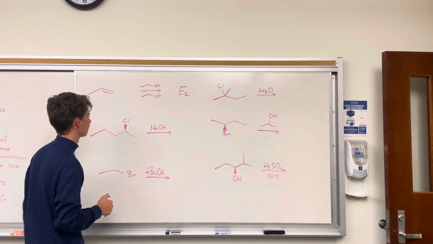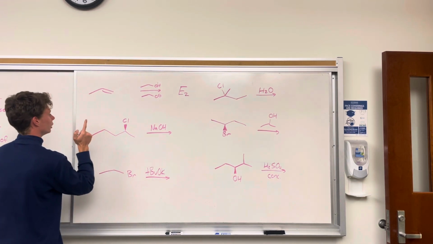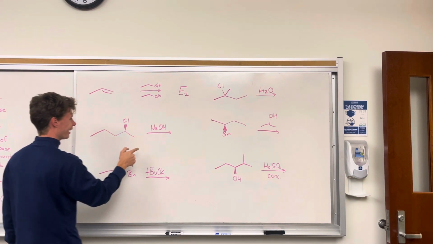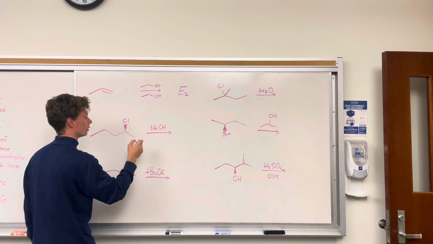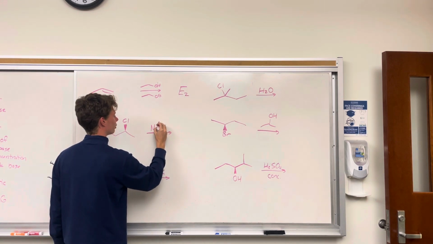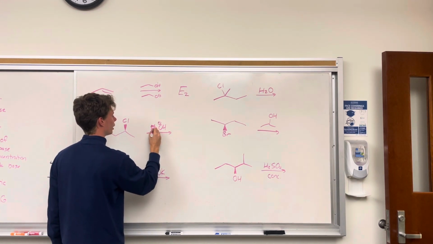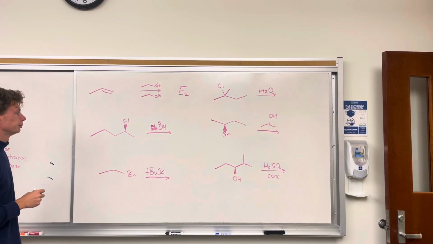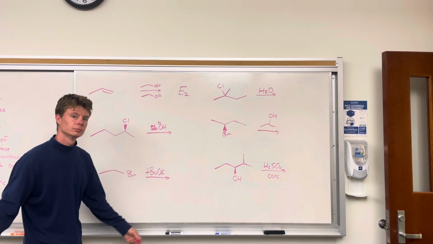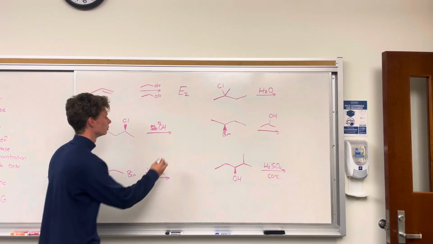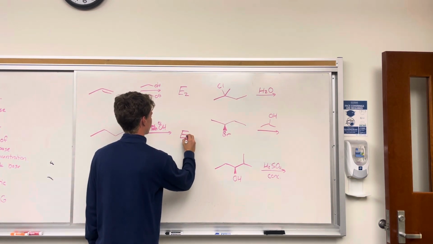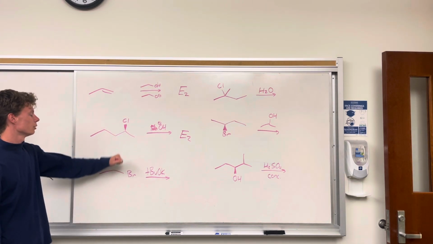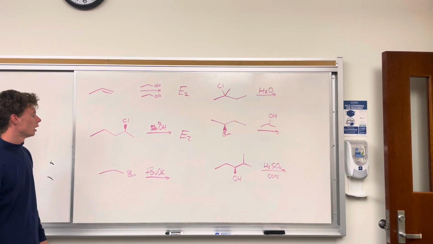Sweet. All right. Next example, I have a good leaving group in a secondary position, and I have a strong base here, OH minus. Okay, we can get rid of that spectator ion. E2. Not given the solvent. I have a strong base. Strong base is going to favor E2 in the secondary position.